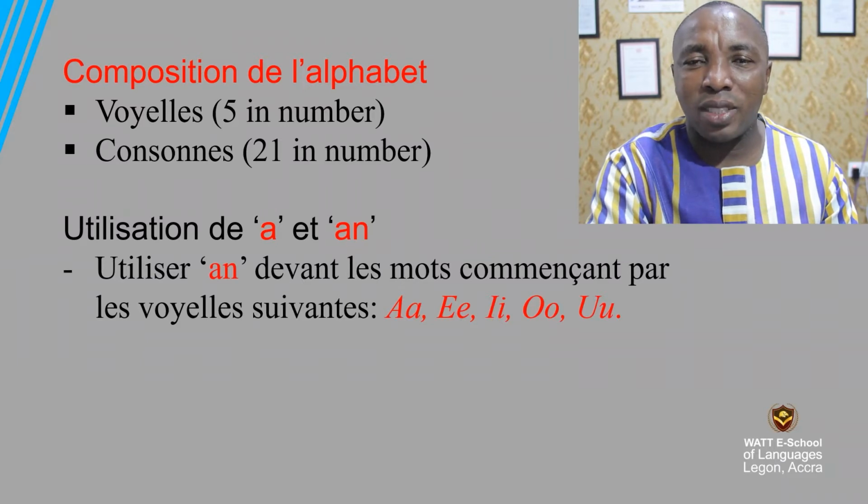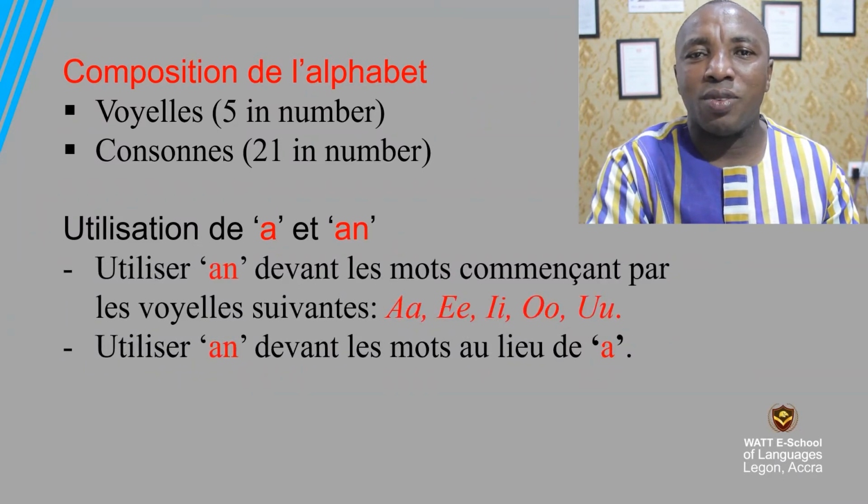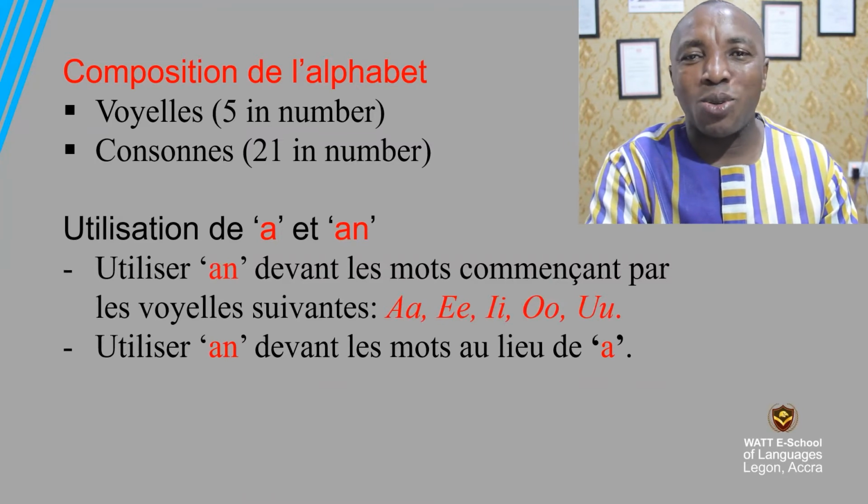Those are the vowels that go with the article an. So in front of words that begin with these vowels, use the article an instead of a. And that word should always be in singular form.